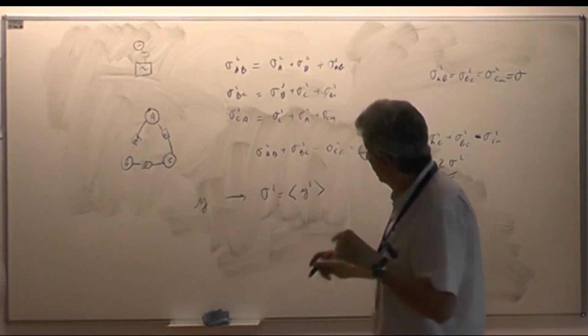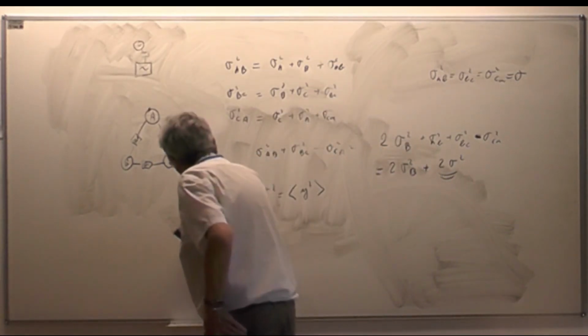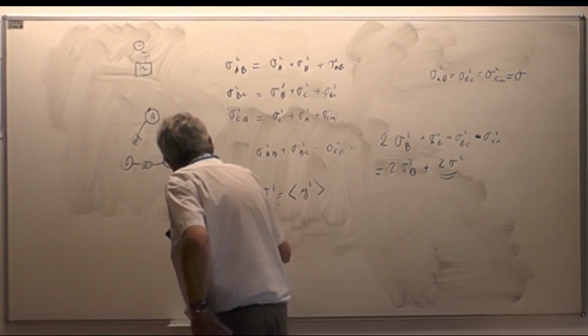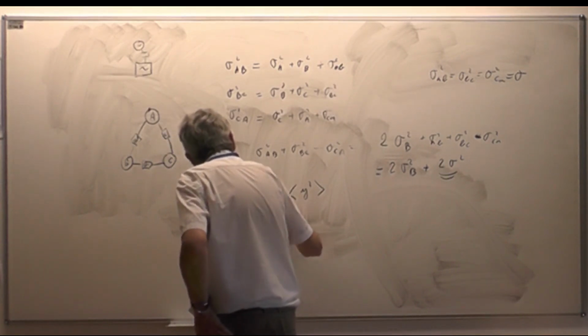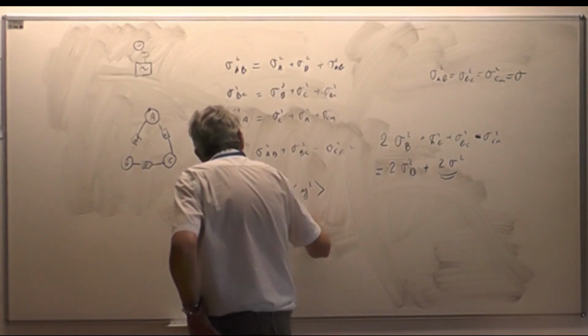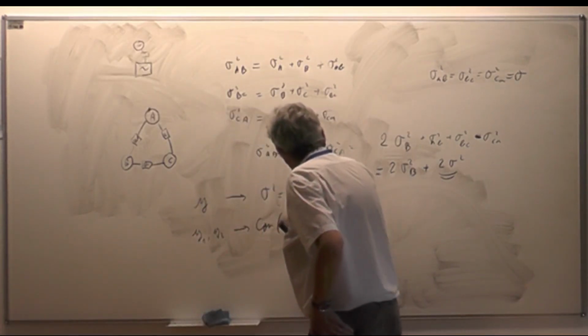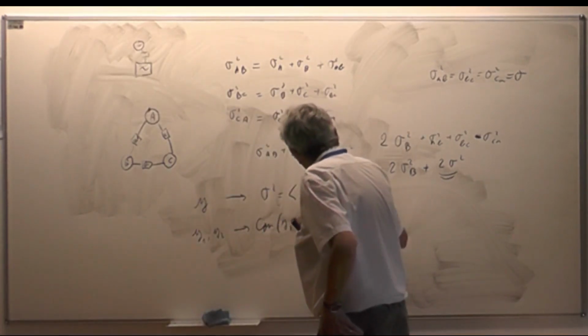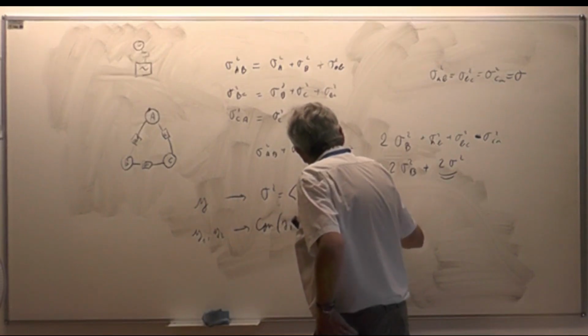But if you want to make the covariance of y1 and y2, you replace the square which is here by y1 y2.